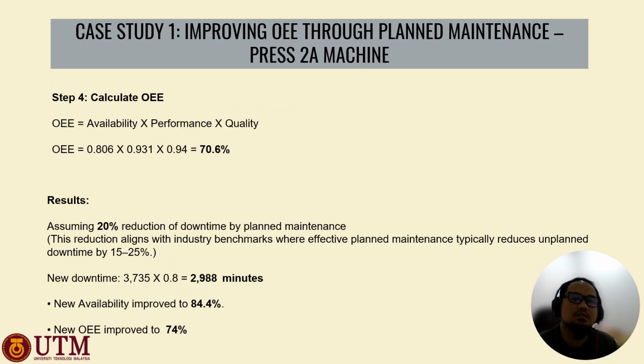The last step is to calculate the OEE. Because we already have all the data, the values of availability, performance, and quality, now we will get the OEE value. The OEE formula, as I mentioned earlier, is equal to availability times performance times quality.